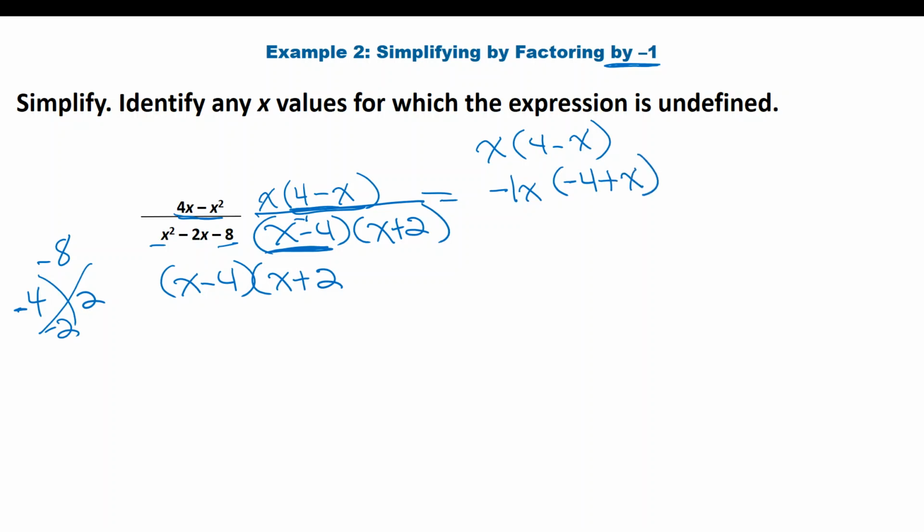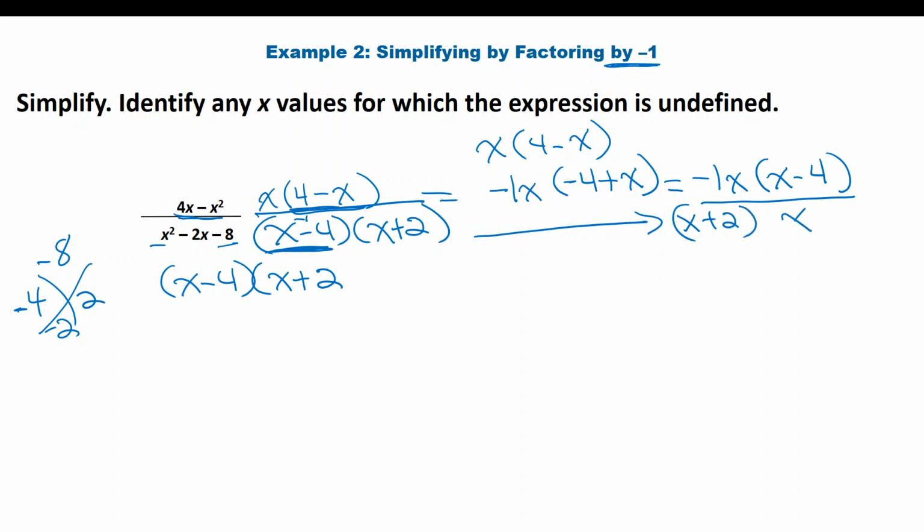And so now I can rewrite that as negative 1x times x minus 4. And now if I bring my denominator over, I have x plus 2 times x minus 4. Yay, now I have an x minus 4 that will cancel out. So the simplified expression is negative 1x over x plus 2.